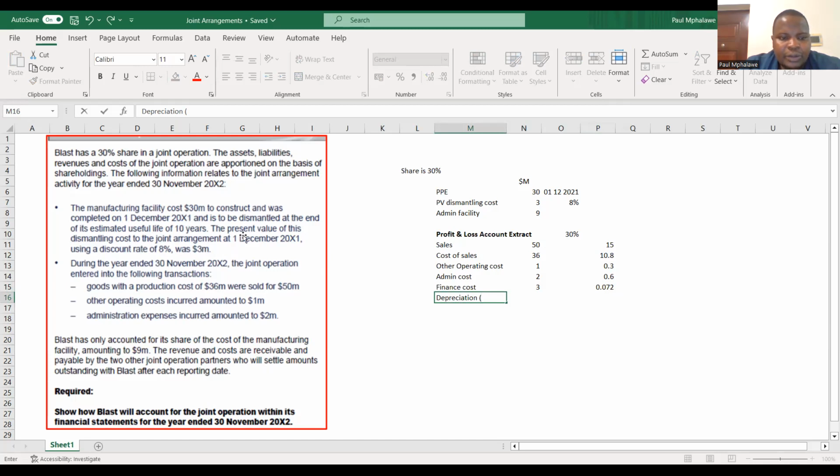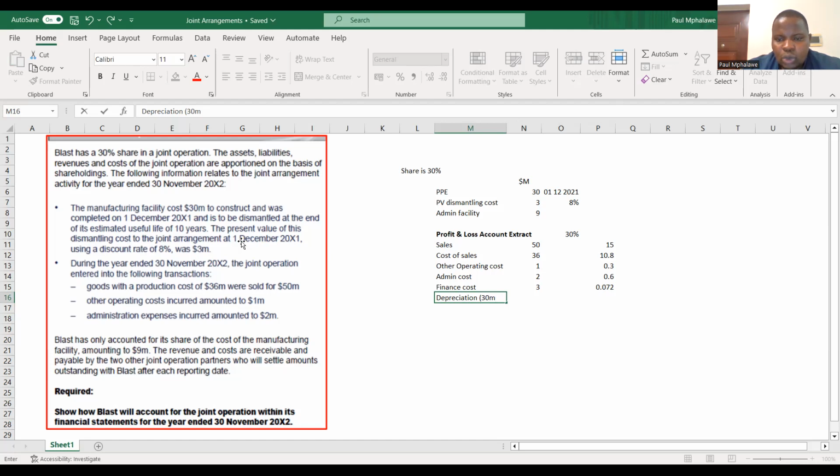It means we take 30 million and divide it by the useful life, which is how many years?